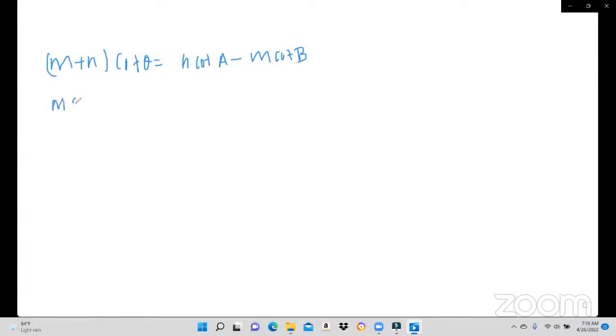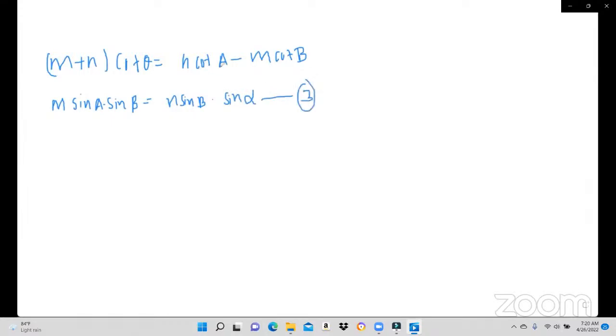So equation number 3 is m sine a sine beta equals n sine b sine alpha. This is the equation number 3.